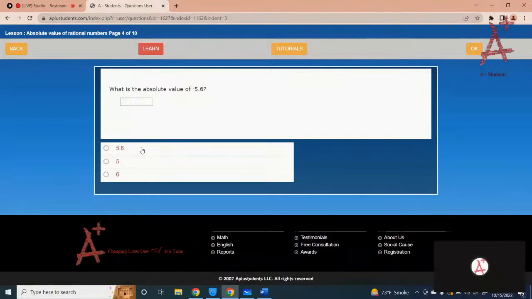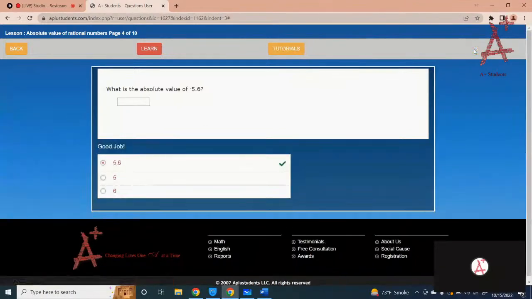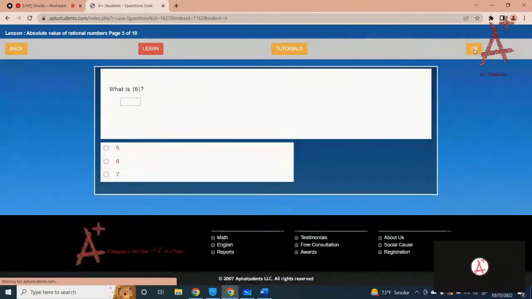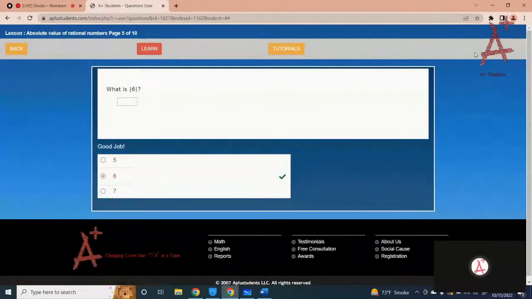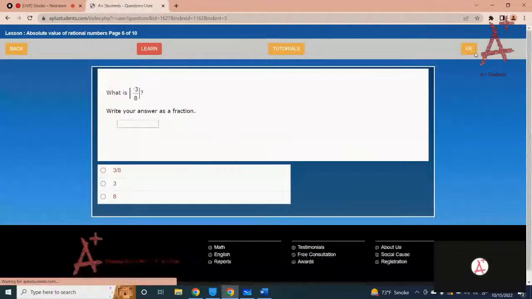Got it? Okay, what is the absolute value of 6? The absolute value of 6 is 6. Very good, Emmy.